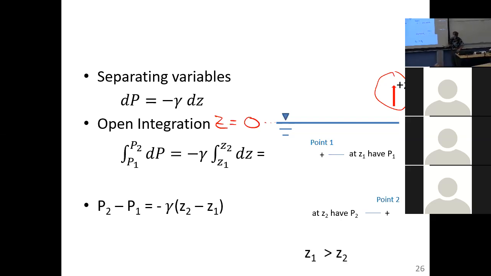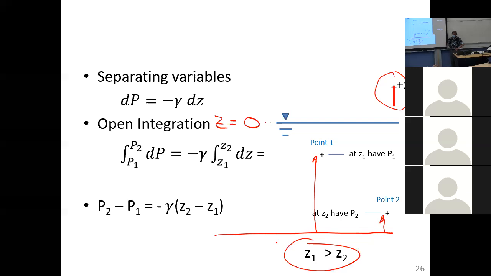And remember, in this coordinate axis system, as you look at this, both of these numbers, Z1 and Z2, are negative because of where we said Z was equal to 0. If you said Z was equal to 0 somewhere down at the bottom here, now Z2 is a positive number and Z1 is a positive number, but that's still true.